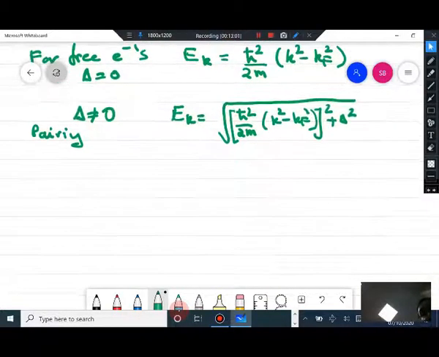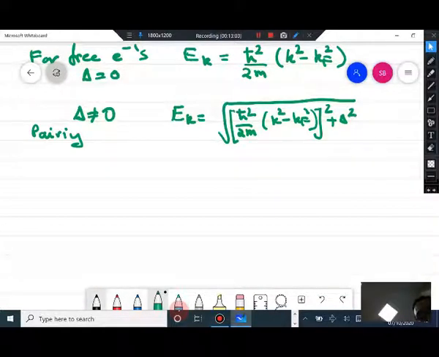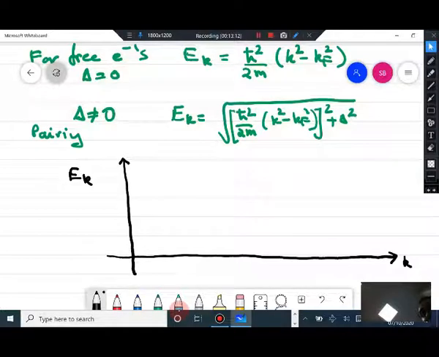So let us plot Ek versus k. First let's take it for the free electron case. There is no pairing, you just consider individual electrons.